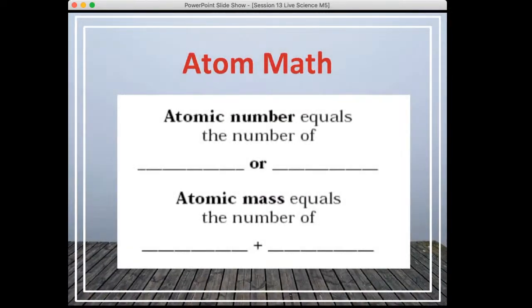Let's remind ourselves. The atomic number equals the number of protons or electrons. The atomic mass equals the number of protons plus the number of neutrons.